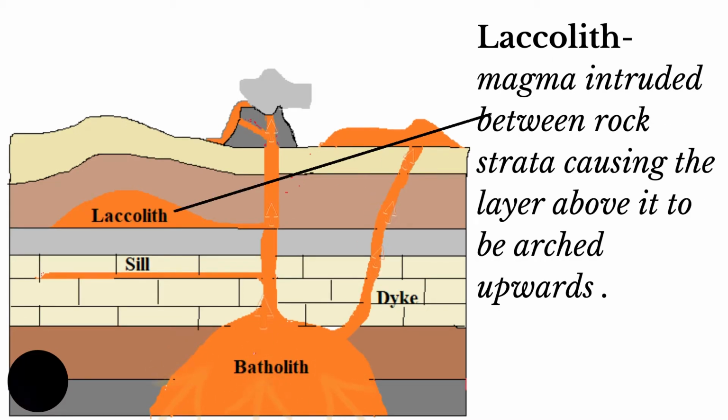A laccolith is a mass of magma which has intruded between rock layers so that when it solidifies, it causes the layer of rock above it to arch upwards.